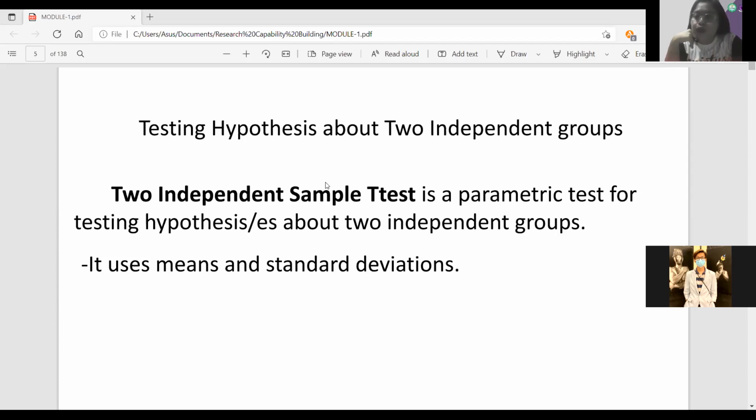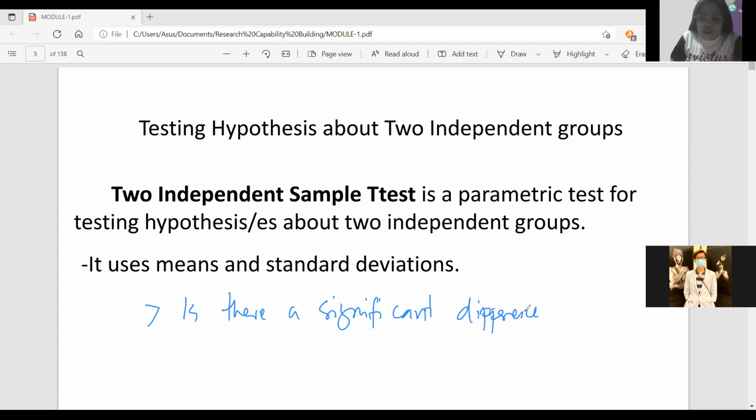First, testing hypothesis about two independent groups. Okay? Look at your hypothesis. If your hypothesis or even your last question for the statement of the problem goes like this, is there a significant difference? Then this is where we fall. Again, I will write it, is there a significant difference?